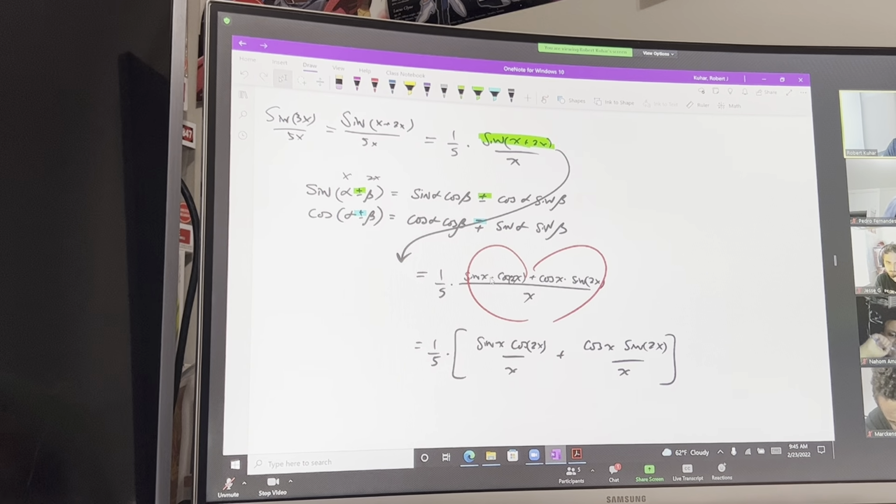So divide and conquer. Now you can see I have a sine x over x. That's what I'm looking for, right? And then I have a sine 2x over x, so I need another identity there. But it's all on that other page, right? Okay, that's very helpful.